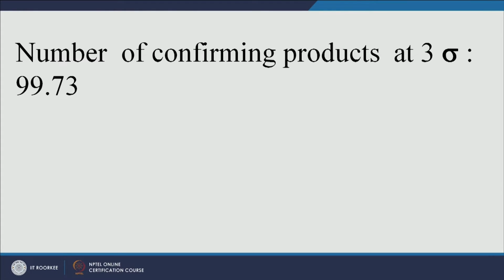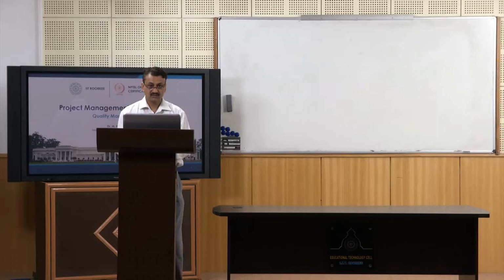Now, let us look at something about different types of quality levels. Most of you would be aware that there is something called 3 sigma quality, and sigma is nothing but standard deviation. If there is a distribution and you have the mean at the center, and then plus minus 3 sigma, that curve will have an area approximately equal to 99.73%.